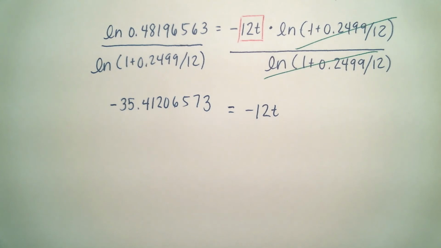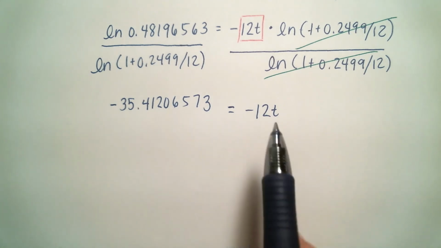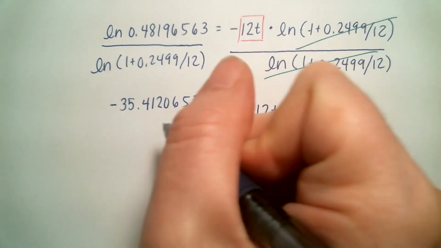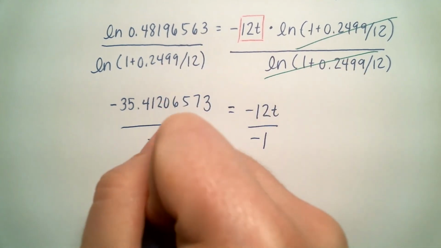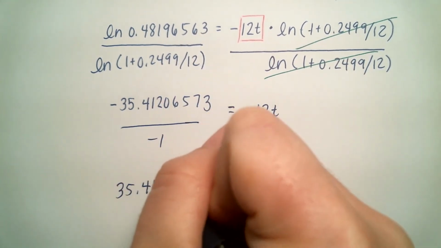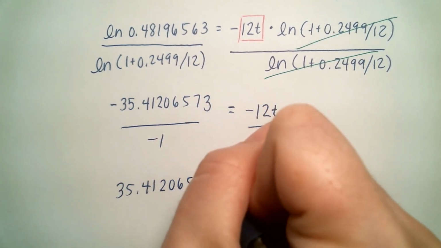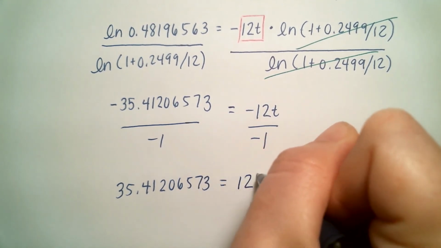If you had gotten to this point and one side is negative and one side is positive, that's going to imply that you're going to end up with a negative time value, which is bad, so you've done something wrong. But because both sides are negative, now we can just divide both sides by -1, and now both sides are positive, so we're going to get a positive time value.